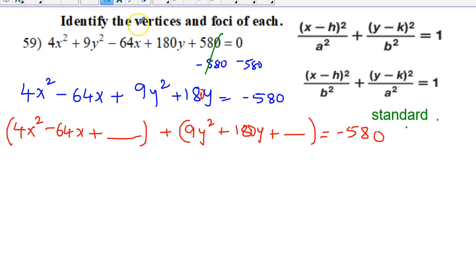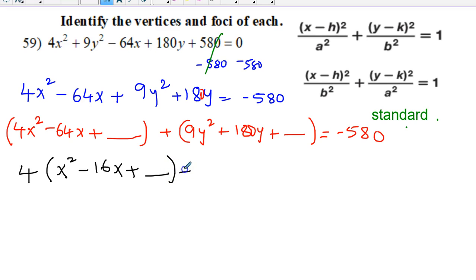Then take out a common factor. In this, I can see 4 is a common factor. 4 divides 4 and 4 divides 64. 4 can divide 4 one time, so 1x square. And 4 divides 64 16 times. Right, I'll write 16x plus whatever number is there, if 4 is taken out already.